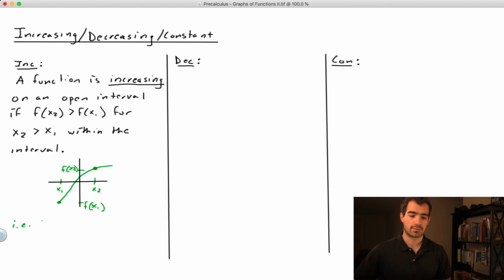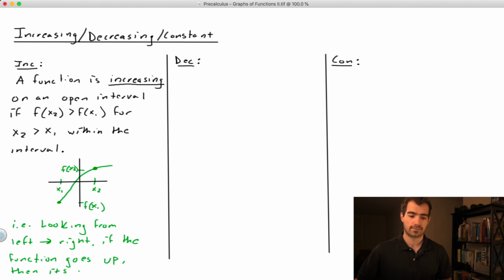And so in other words, if we look from left to right and our function values go up, it's an increasing function. So in other words, looking from left to right, if the function goes up, then it's increasing.